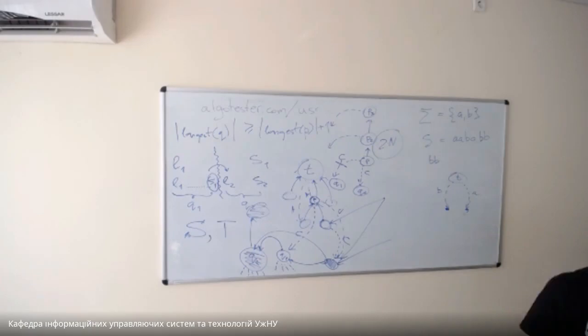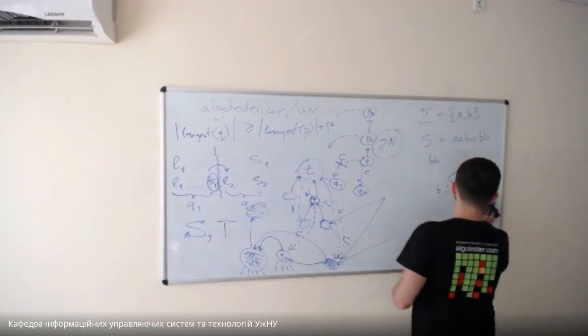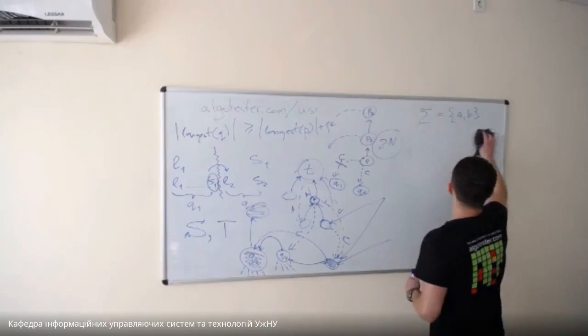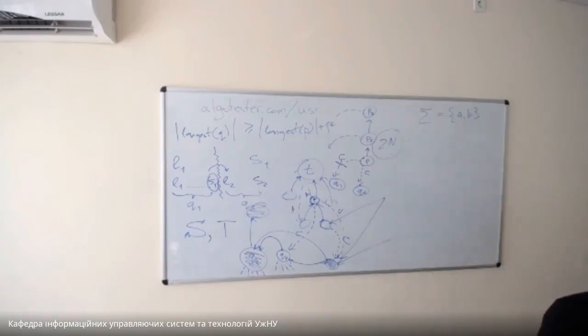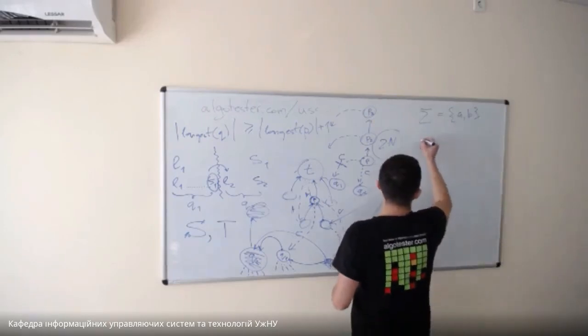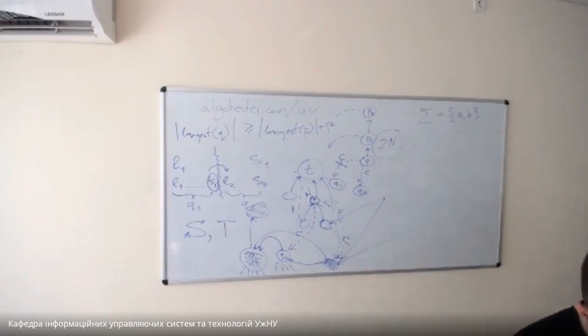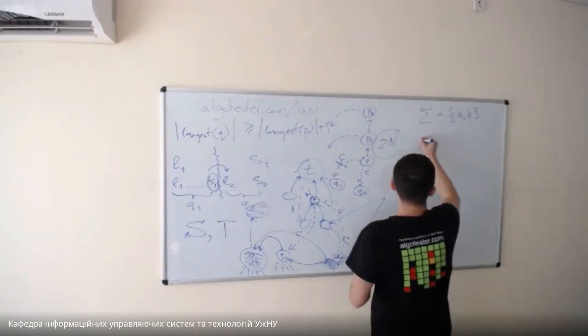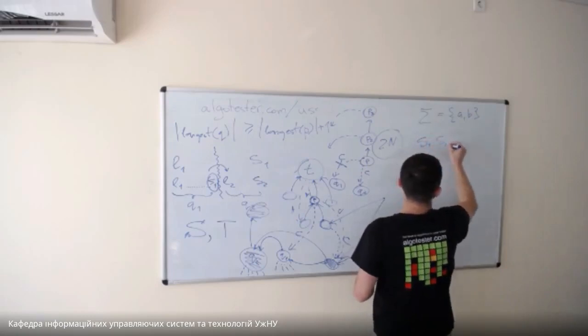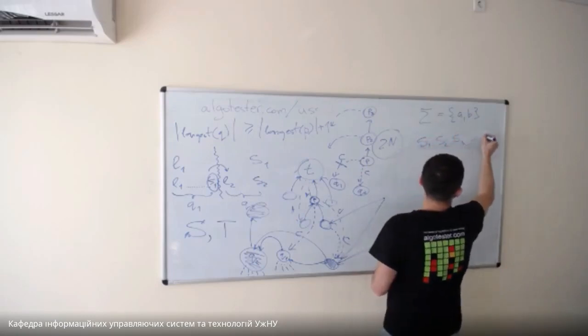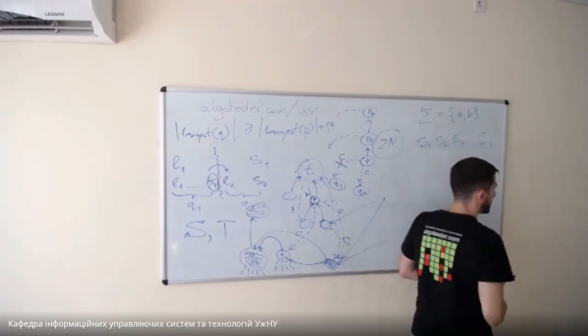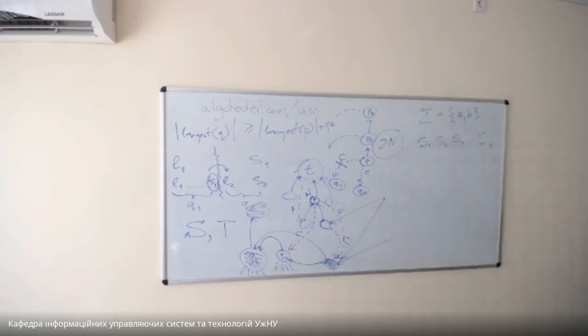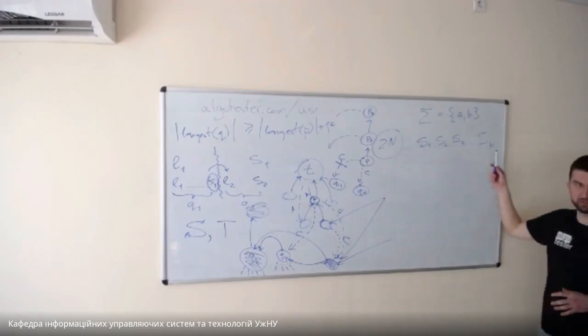Okay, and the last one. We have multiple strings, so let's make it a bit more complicated. We have multiple strings, and your task is to find the longest common substring.